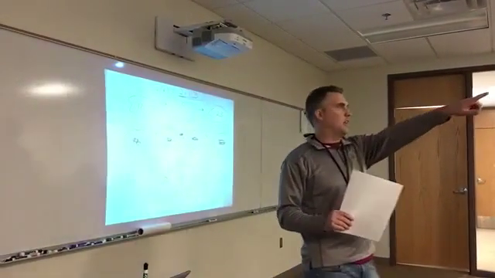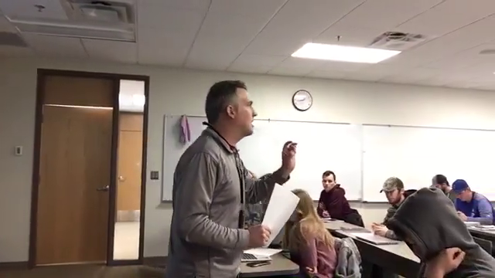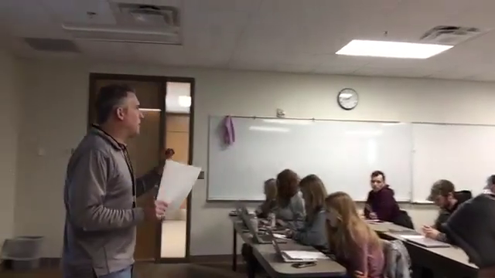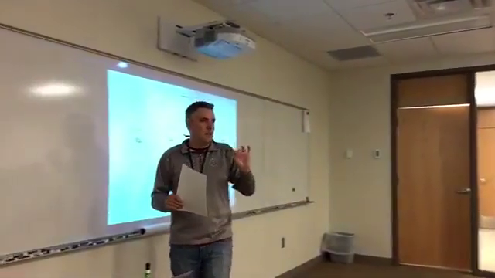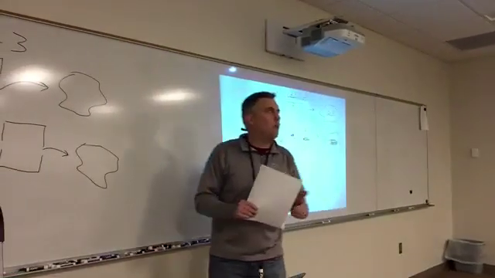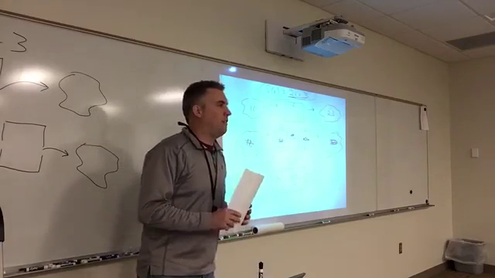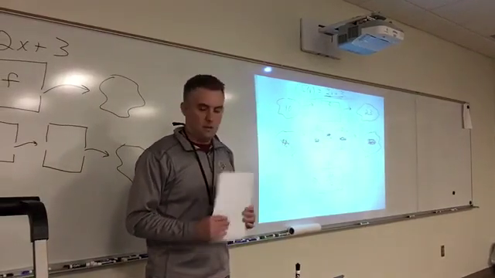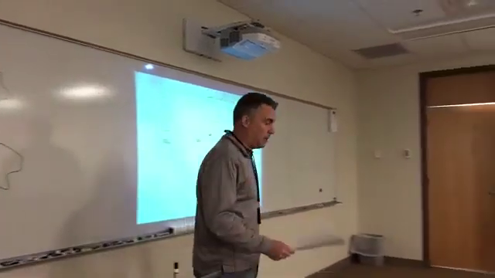So I'll point at our standard number 6 back there. Attend to precision. I can discuss and explain clearly the decisions that I make. Some of yours were a little ambiguous or were maybe missing a little bit of information that didn't quite match the graph. And if you want to ask about that, flag me down after class and I'll look at it with you, or Oren can look at it with you. And we can give you a suggestion on how maybe you could have written that a little bit better.